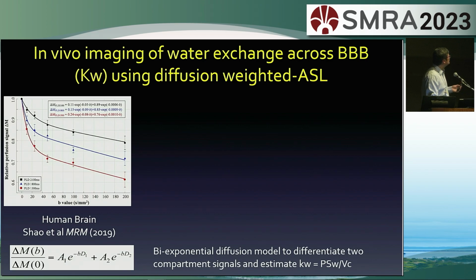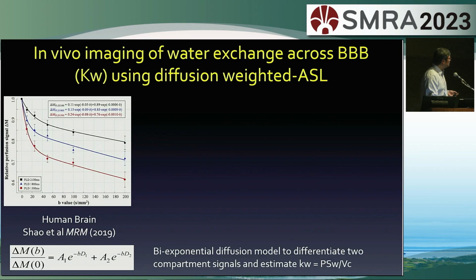You can see there is a fast decaying component, which relates to the vasculature, and a slow component, which relates to the tissue. With increasing post-labeling delay, you can see the tissue compartment increase, indicating water exchange.